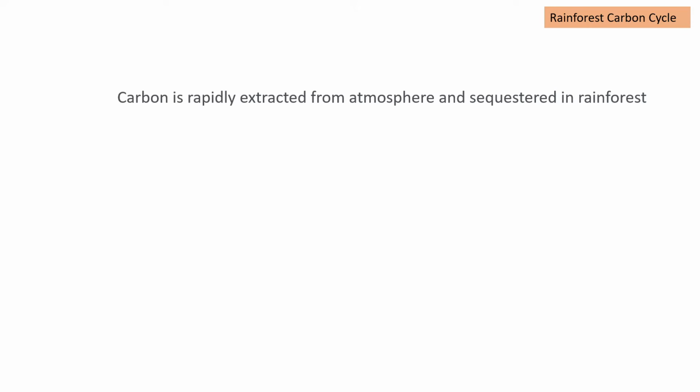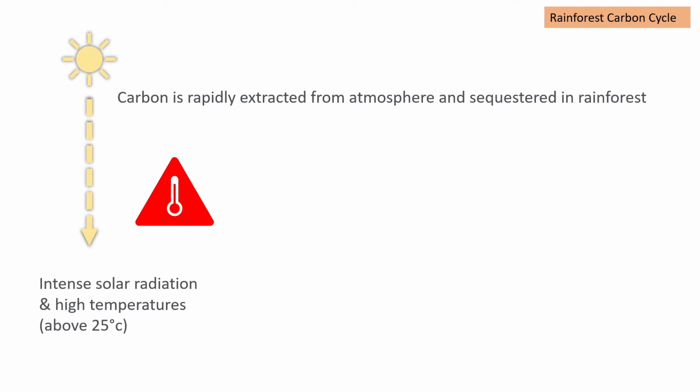So one of the most important things to know is that carbon is really rapidly taken from the atmosphere and moved into the rainforest. There's a couple of reasons why this is able to happen. Because the Amazon rainforest is above the equator, it gets really intense solar radiation and high temperatures all year long.